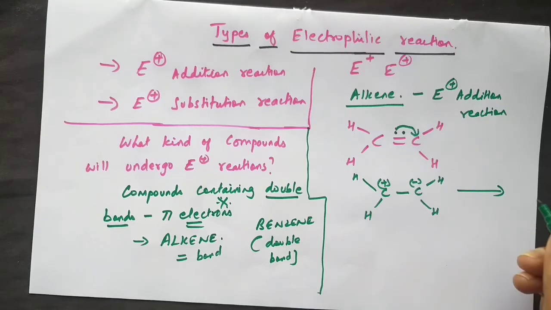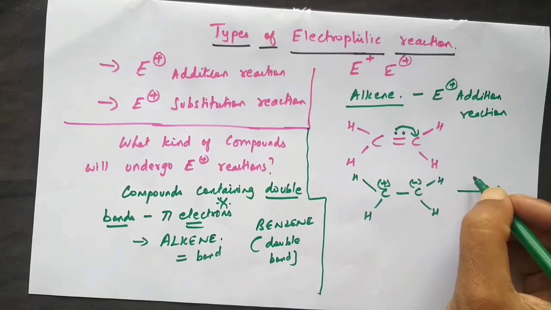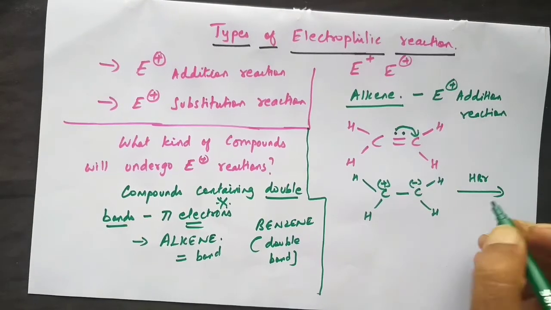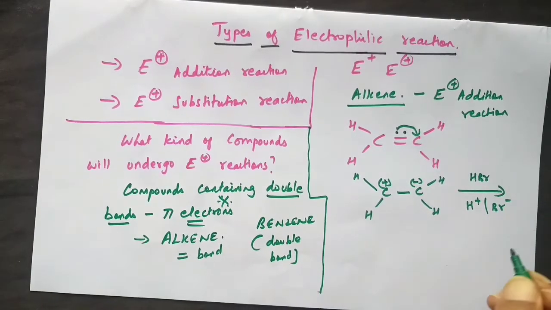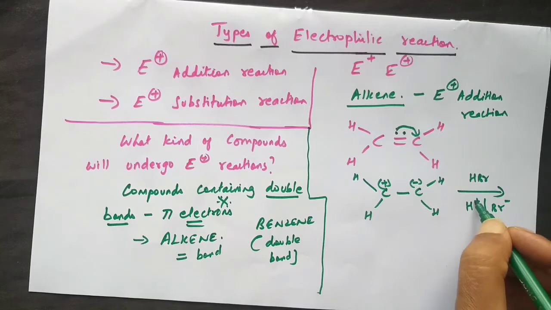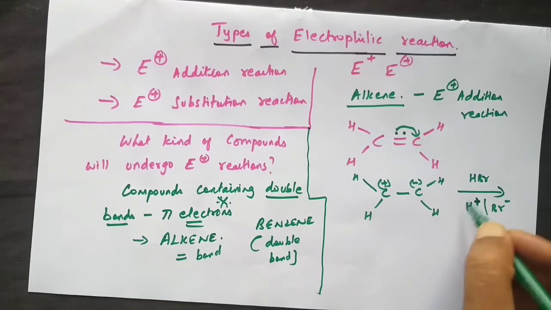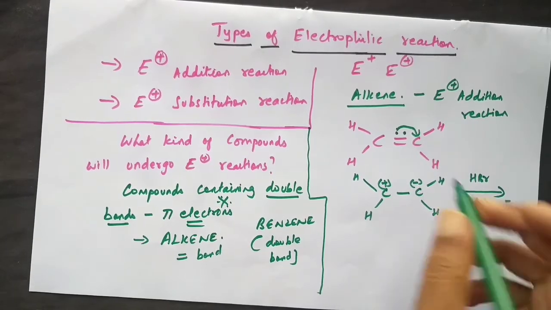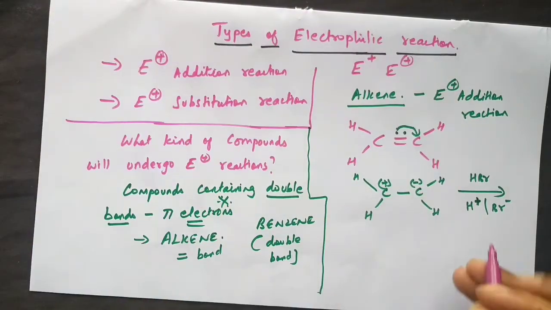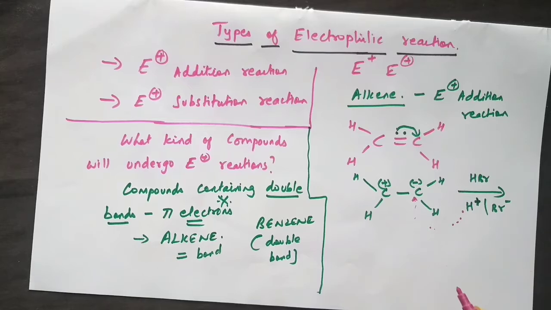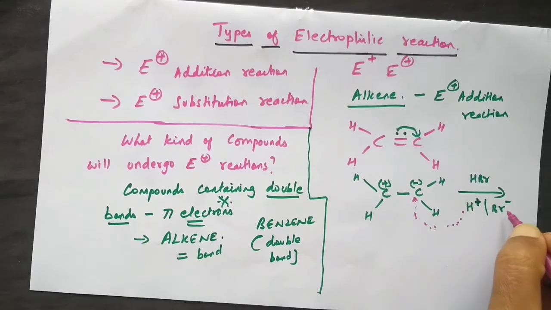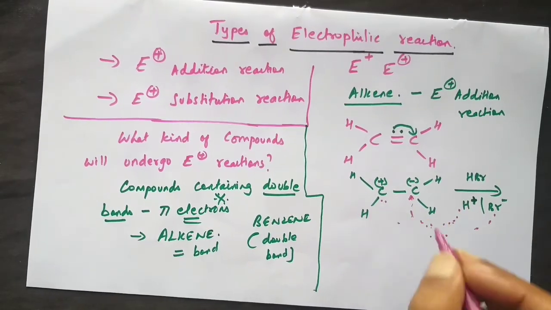Now we know that an electrophile, suppose let us take HBr. HBr can be written as H plus and Br minus. Electrophiles will be positive or neutral. Here we got a positive. So this electrophile, H plus, will come and add here, and naturally the Br will come and add to this carbon.